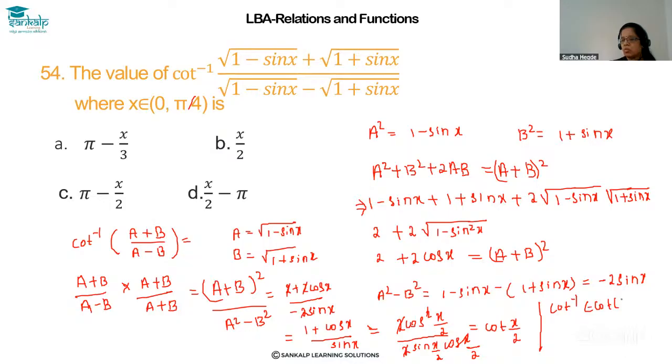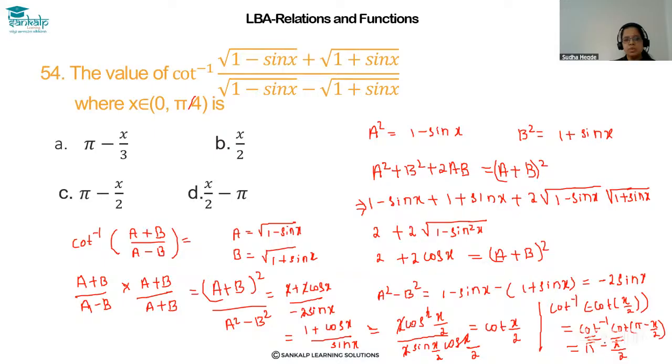This is actually cot inverse. Since it is minus, you can write that as cot of pi minus x by 2. It is in the second quadrant. Therefore, that is equal to pi minus x by 2. Are you getting? So pi minus x by 2 is the final answer because cot inverse and cot cancels.